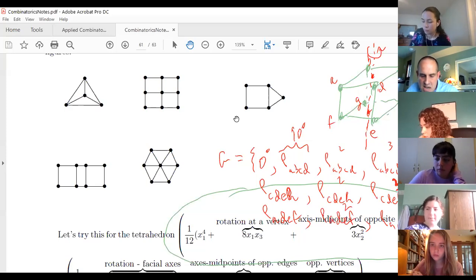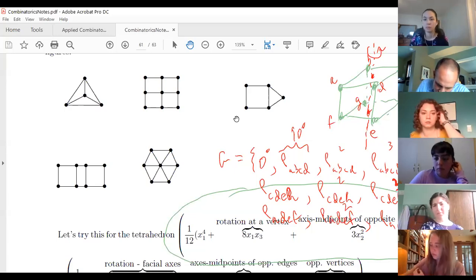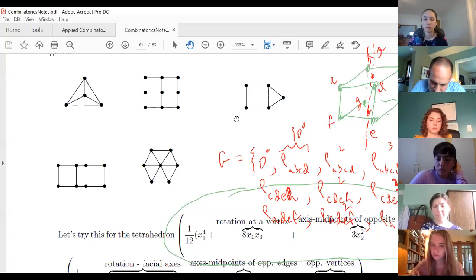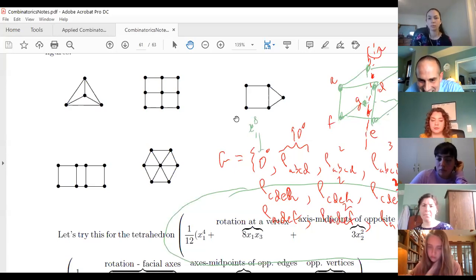Interesting. And what about the cycle structure? These are all the facial rotations, so what would the cycle structure be? First of all, we know the cycle structure for the identity is trivially just a bunch of 1 cycles, x1 to the 8th.